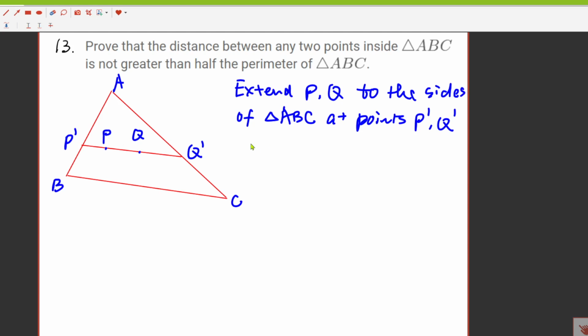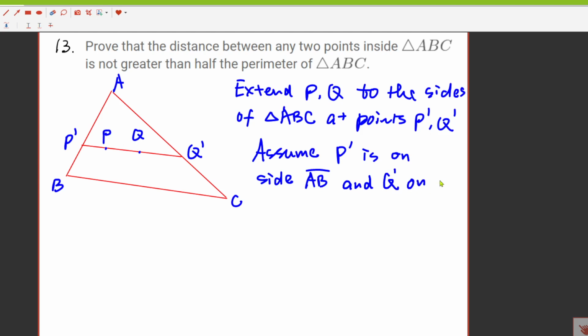So without loss of generality, we can assume P prime is on side AB and Q prime on AC. Clearly, we have PQ must be less than or equal to P prime Q prime, right?